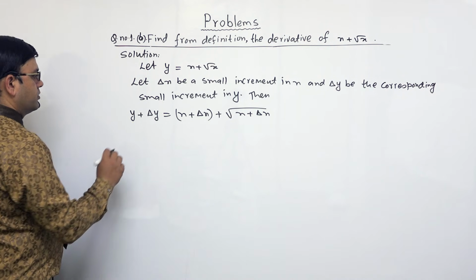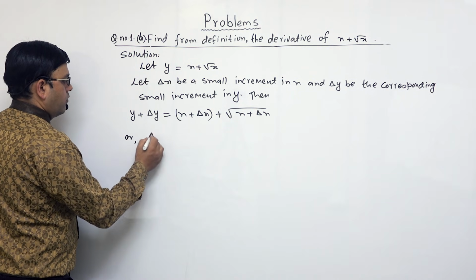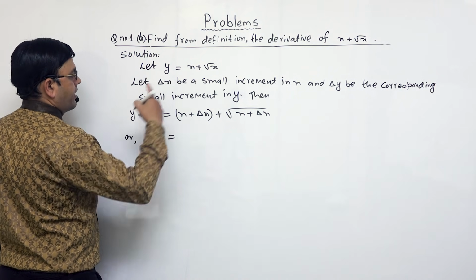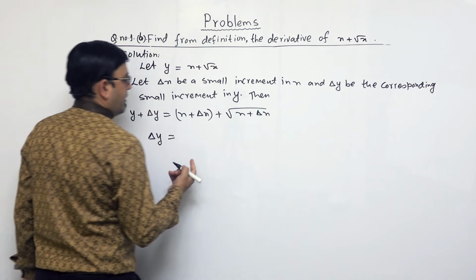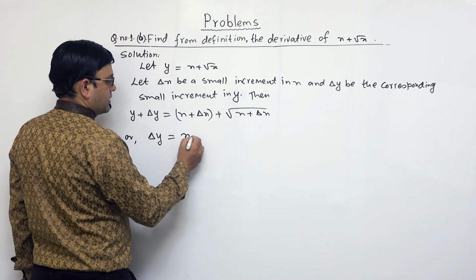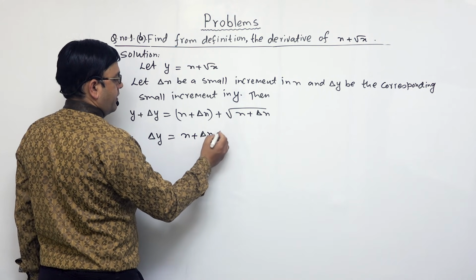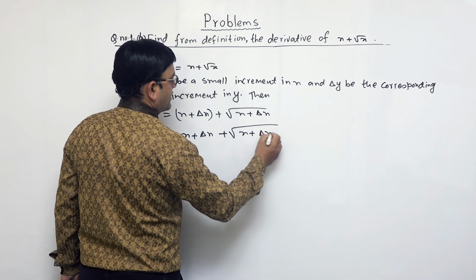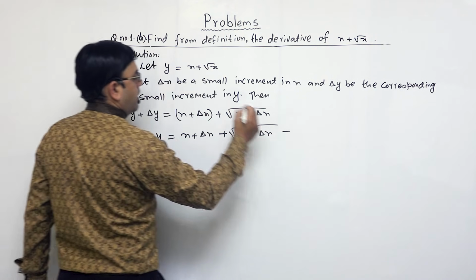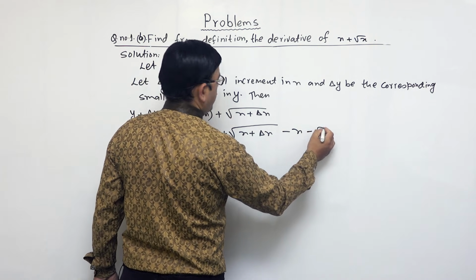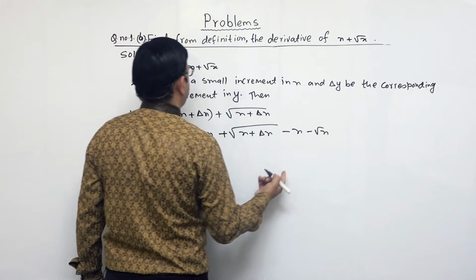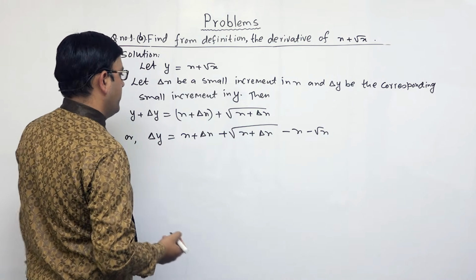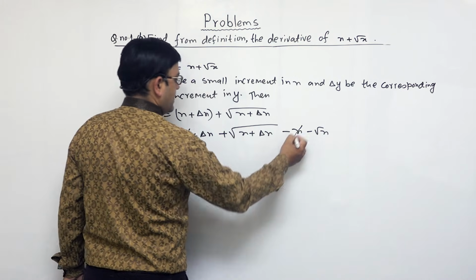Or del y is equal to, this y goes on RHS side: x plus del x plus root under x plus del x minus y, means x minus root x. minus ले open गर्दाखेरि plus also became minus भयो, so this x and x cancel.